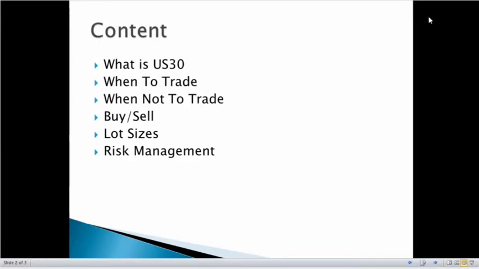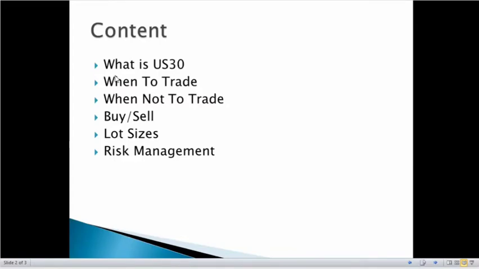So we're just going to discuss a few things. We're first going to define the US30, guys. For those of you that don't know, the US30 is a stock index. You can find it on your broker. Usually it's US30, it's called DAX sometimes. It's basically a stock index that measures the performance of the top 30 companies in the United States that are registered on the New York Stock Exchange.